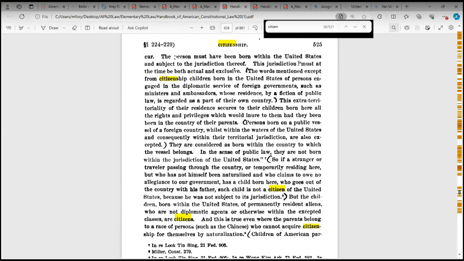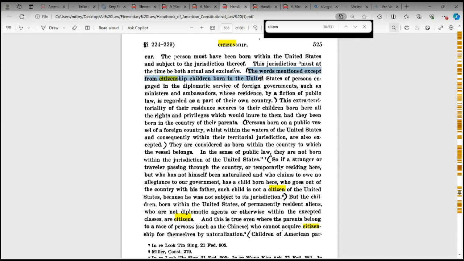This jurisdiction must be both actual and exclusive. The words mentioned except from citizenship children born in the United States of persons engaged in the diplomatic service of foreign governments.